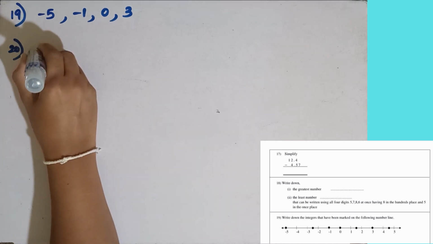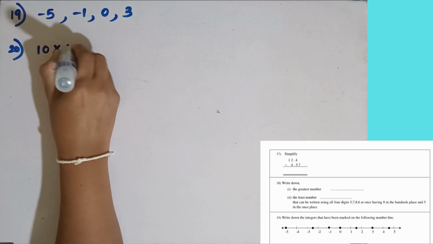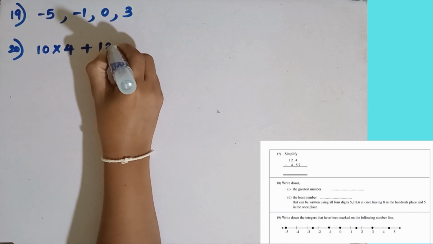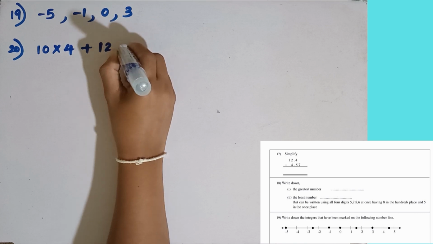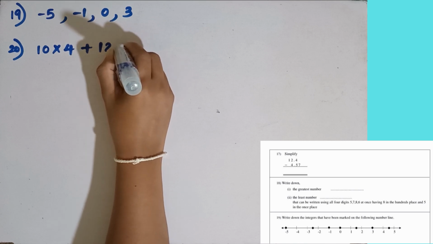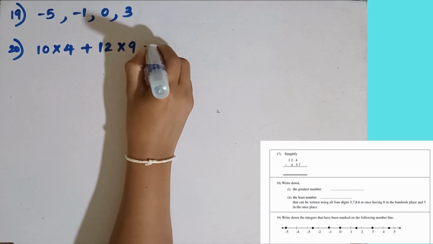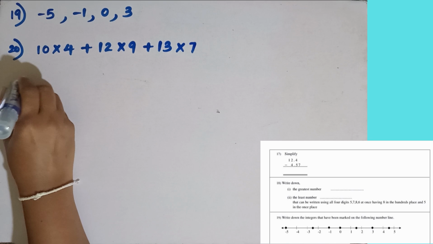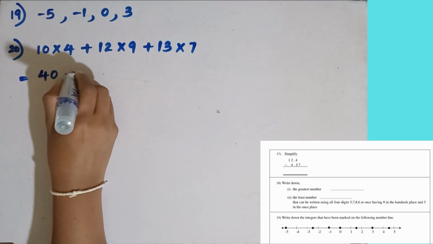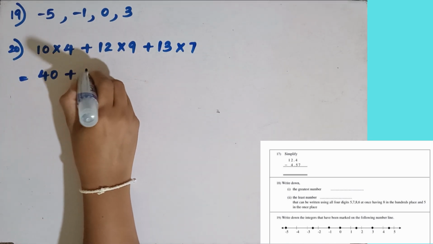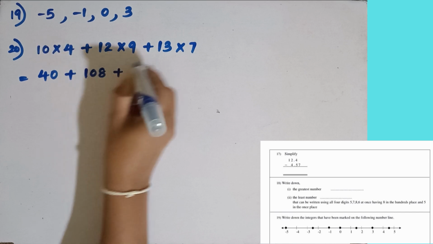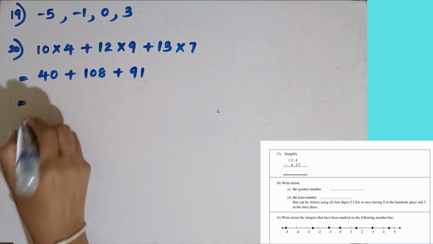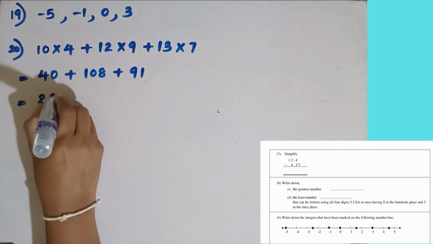So 10 multiplied by 4 plus then 12 coconuts from 9 trees. 12 multiplied by 9. Then 13 multiplied by 7. Here 40 plus, here the multiplication is 108 plus 91. We have to add these 3 numbers. The addition is 239.